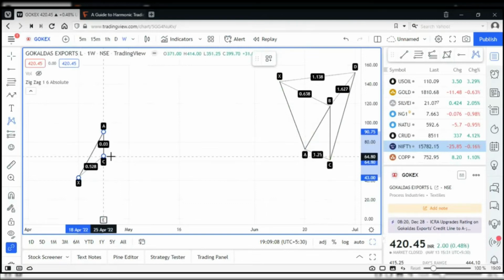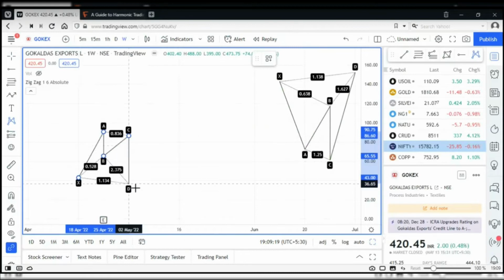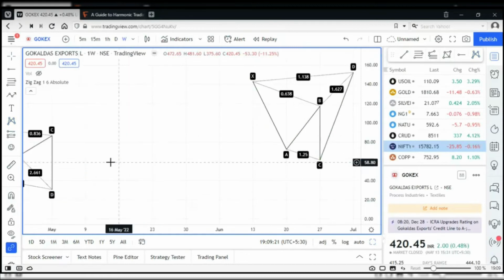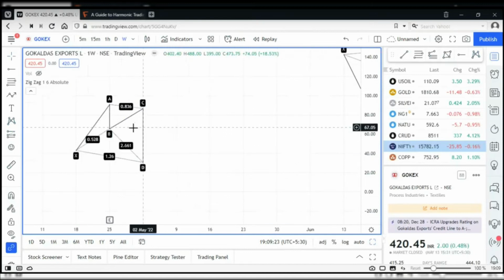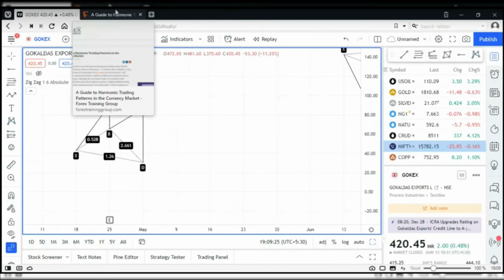If we draw from C to D, we got the AC value 0.836, and we don't know our D point.